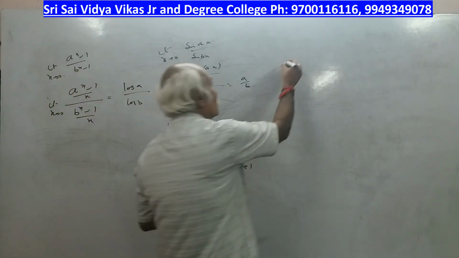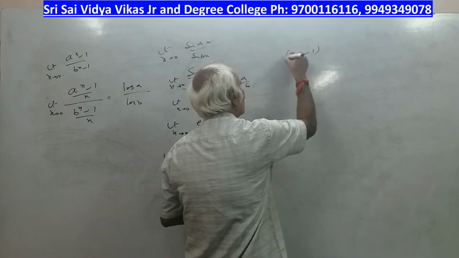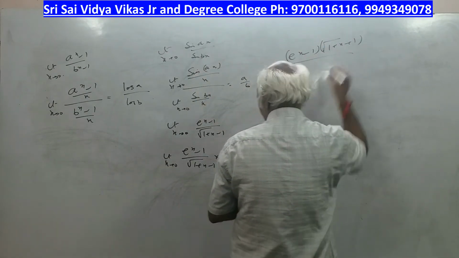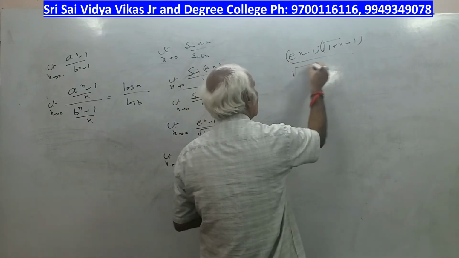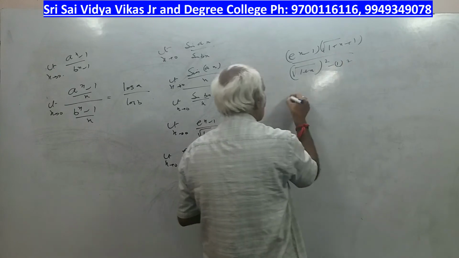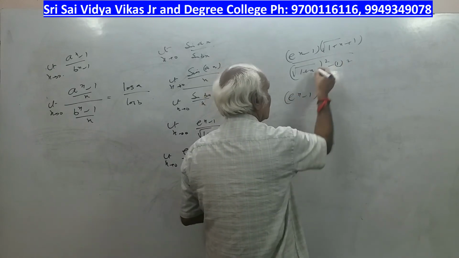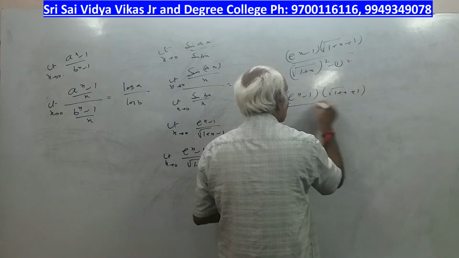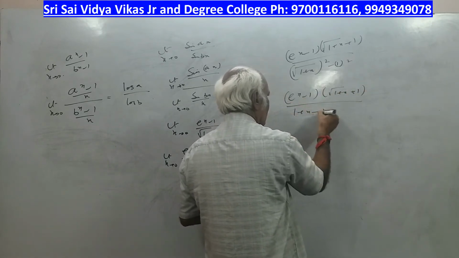So this becomes e power x minus 1 into the root plus 1, by a plus b into a minus b, which is a square minus b square: the whole square minus 1 square. So e power x minus 1, and by the square root going away, this will be 1 plus x minus 1.